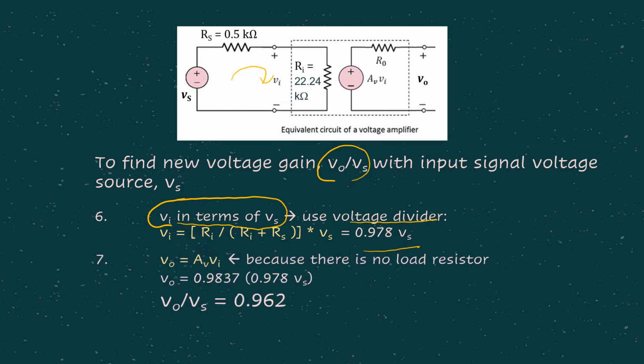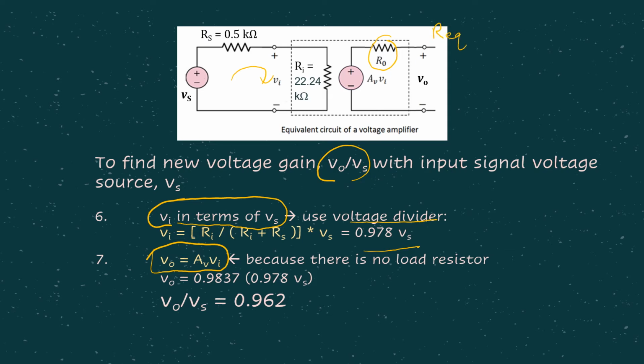Then step number 7. Take note for this particular example, we don't have the load resistor, meaning to say we can still use V0 equals AVVI, meaning at the moment we don't know yet the R0 value. Remember I was saying just now the resistor value that we are looking for at step number 1 is just REQ.